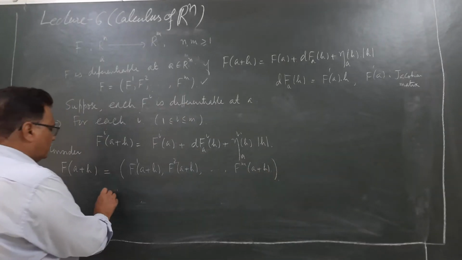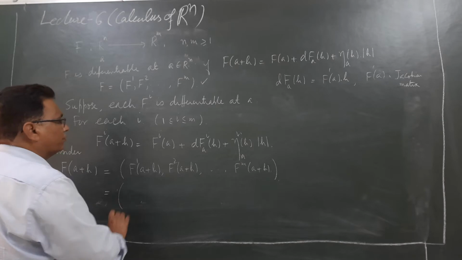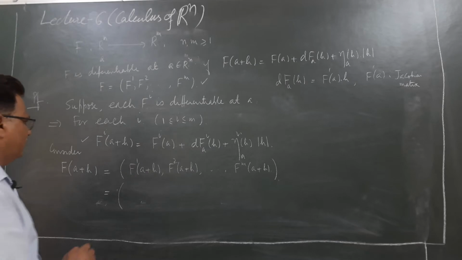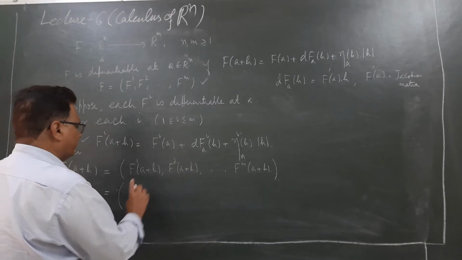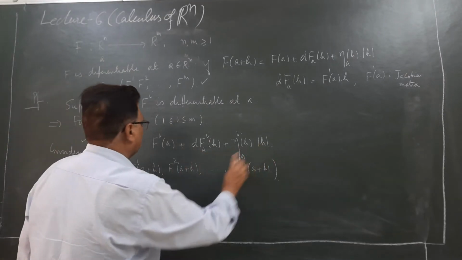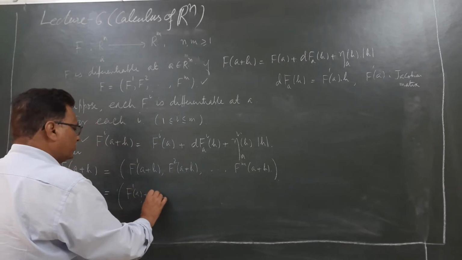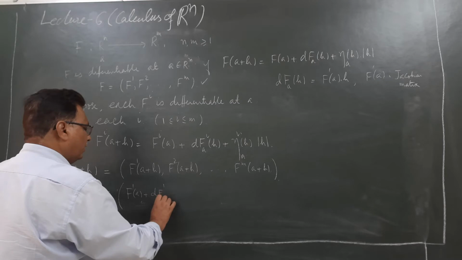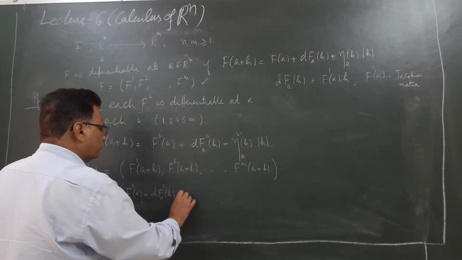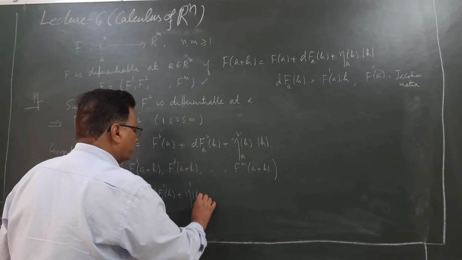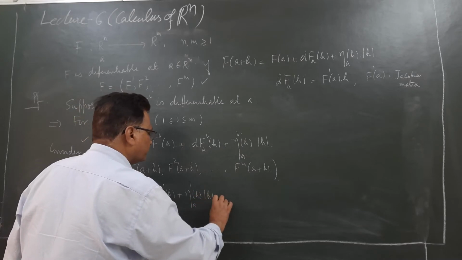And now for the first component, this Taylor series is available to me because it is a differentiable function at a. So I will replace f1 of a plus h by the Taylor series f1 of a plus df1 at a of h plus eta 1 at a of h into modulus of h.